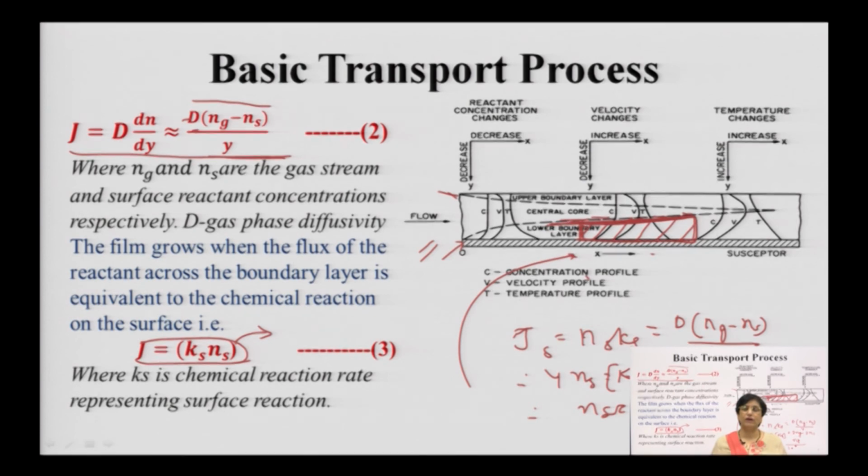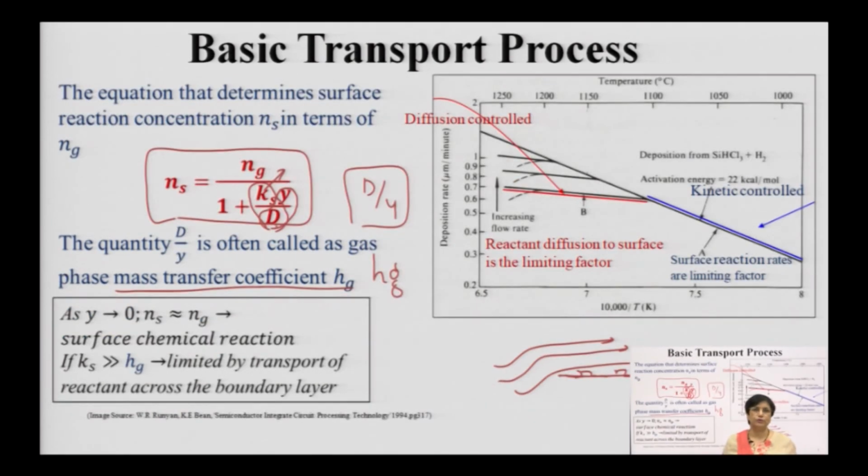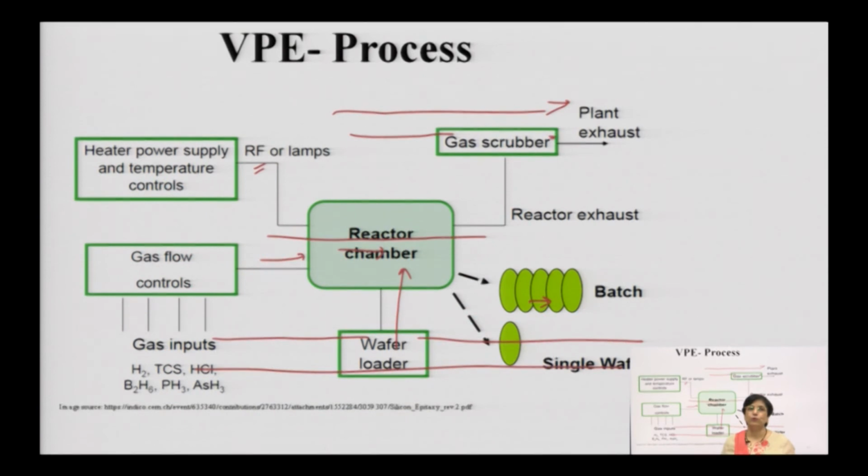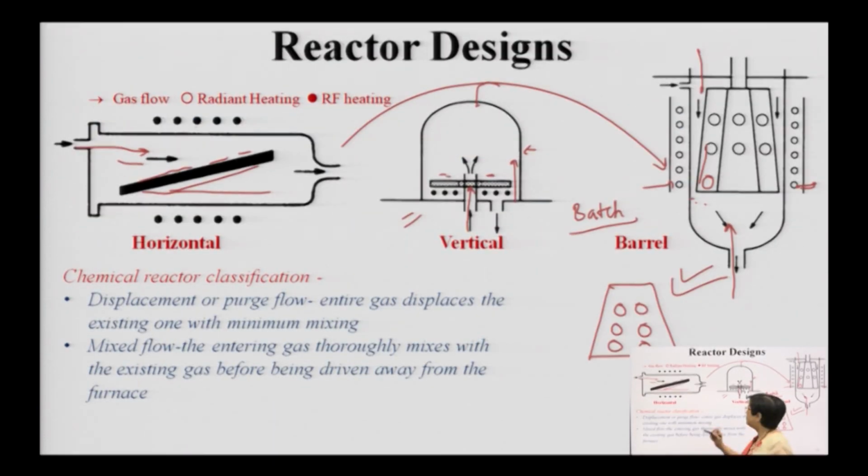You have to be very cautious while epitaxial growth is taking place within the chamber. These three parameters are essential to be understood, and based on these parameters only, we have the three different furnaces.